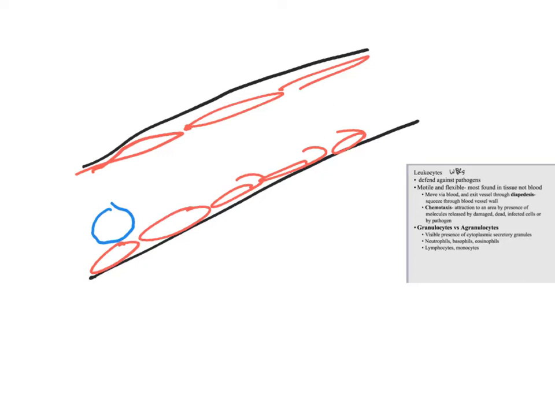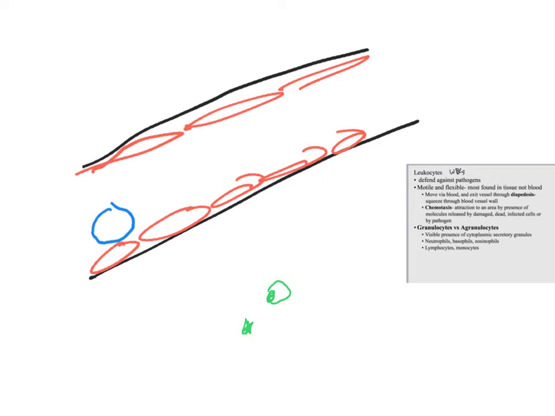Eventually, you end up at a point where something is happening in this tissue. Here I'll put it up here so you can actually see it. Here's a little bacterium.